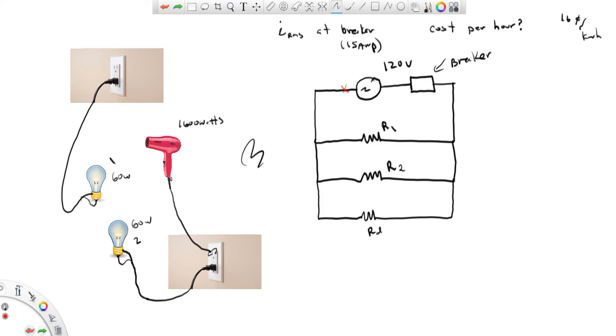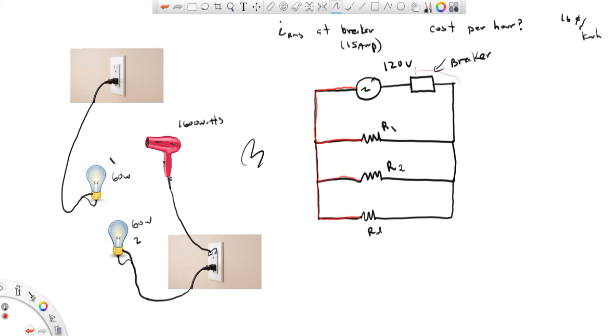Half the time the voltage is pushing current in one direction, half the time the other. But at any instant in time, this is all conducting material, so this is an equipotential, because these are all wires made of copper. So I'm going to go ahead and color code this.